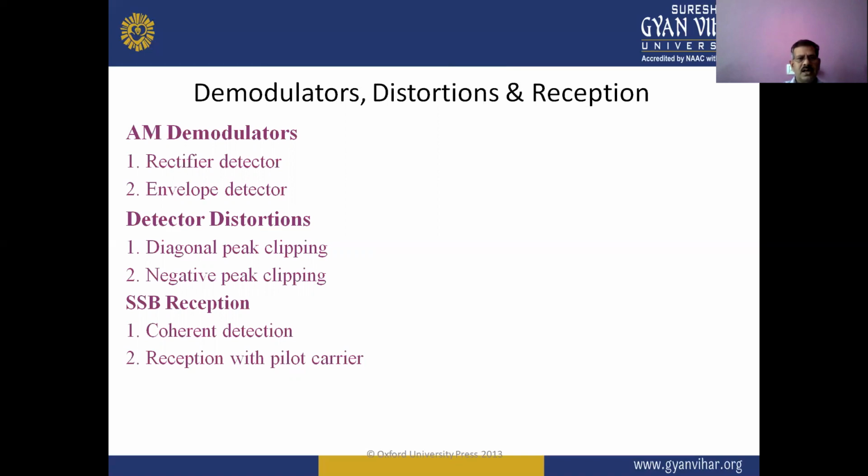Next one, detector distortions. There is diagonal peak clipping distortion. Second one is negative peak clipping distortion. And also SSB reception. For single sideband reception, first is the coherent detection method, and second is reception with pilot carrier.